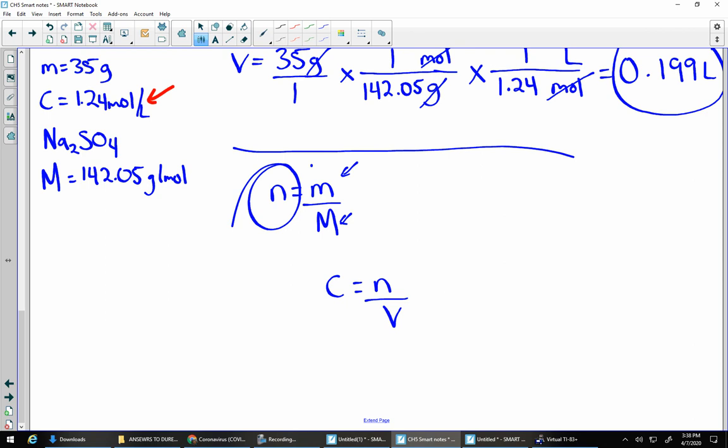So let's see, V's on the bottom, so I better move that to the top. The only way to move things is to work in opposite operations. So I'm going to multiply both sides by V. We see V cancel, and then V times C, I got to move C, working in opposites. I divide one side by C, I divide the other side by C. Cool. So then V is equal to n divided by C. That's essentially what we did in the formula up top, right?